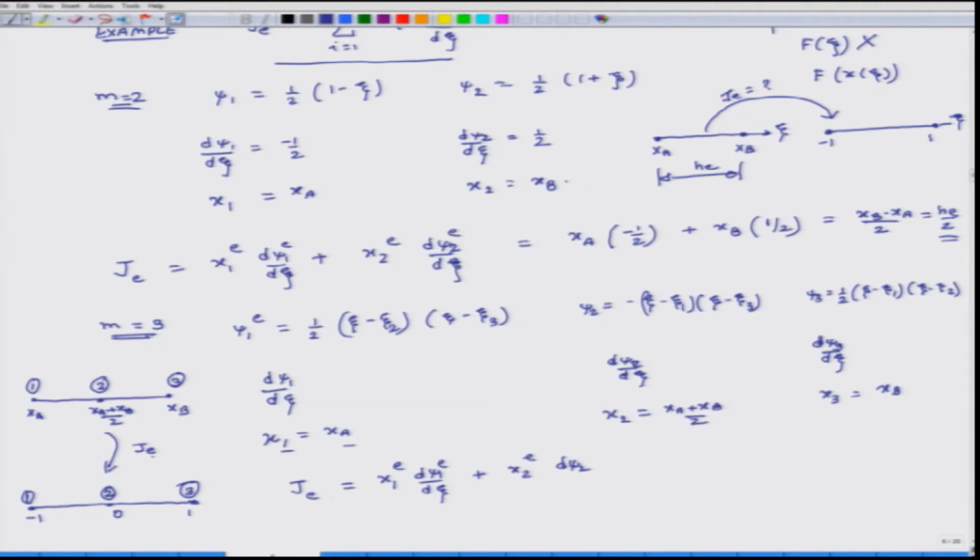The Jacobian is Je equals x1 d psi 1 over d zeta plus x2 d psi 2 over d zeta plus x3 d psi 3 over d zeta, and we can do the differentiation. If we plug all this in here, we will find that even for m equal to 3, the Jacobian is He over 2.